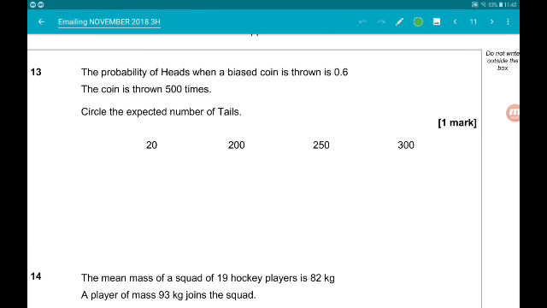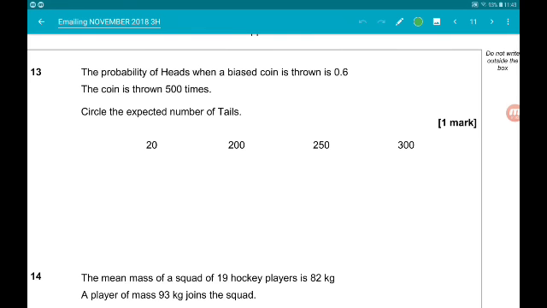13. The probability of heads when a biased coin is thrown is 0.6. The coin is thrown 500 times. Work out the expected number of tails. So, to work out an expected number, we do the probability times the number of times the event is done.